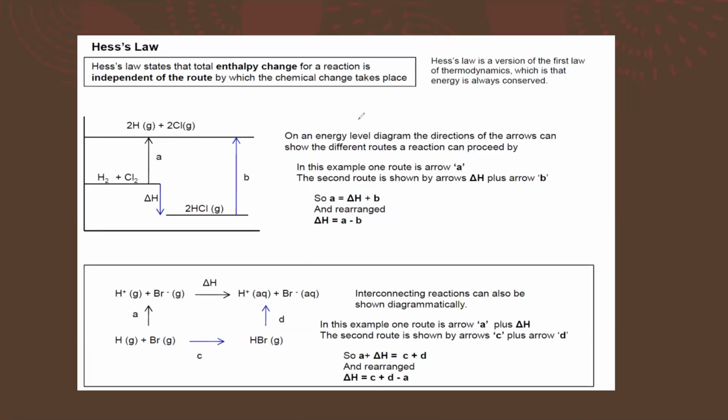If it's pointing down, then it will be exothermic. To understand this cycle, hydrogen and chlorine absorb energy and form hydrogen atoms and chlorine atoms. Then hydrogen and chlorine can react to form hydrogen chloride.